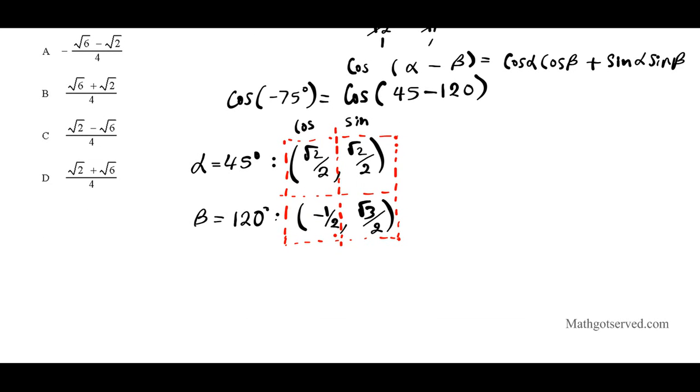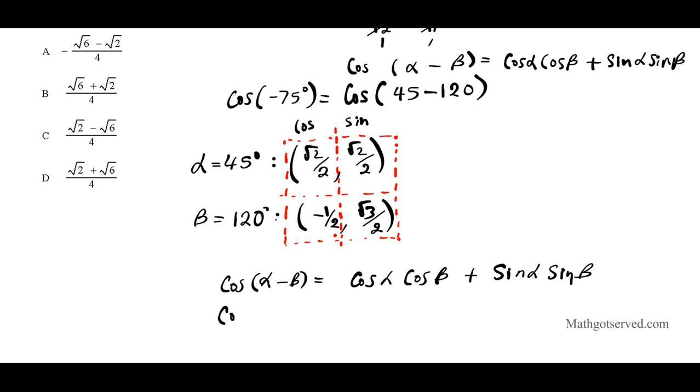All right, so let's do this. Let's write down the formula again. Cosine alpha minus beta equals cosine alpha cosine beta plus sine alpha sine beta. Okay? All right, we're looking for cosine 45 minus 120.